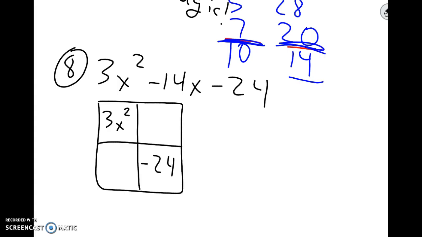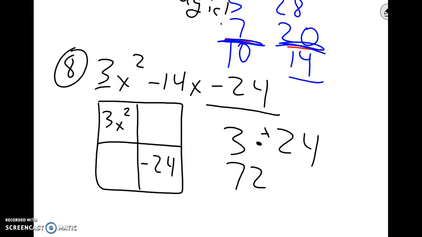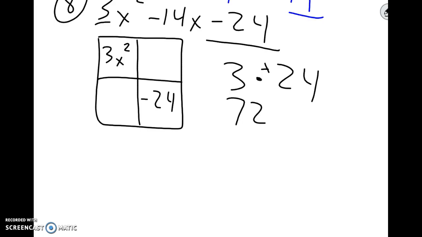Then step 3, we multiply a and c. And we can go ahead and keep that positive. 3 times negative 24, but again, keep that positive. That's just the rule. Don't ask why. 3 times 24 is 72. 72, okay. Now we need step 4, the factors. 1, 72.